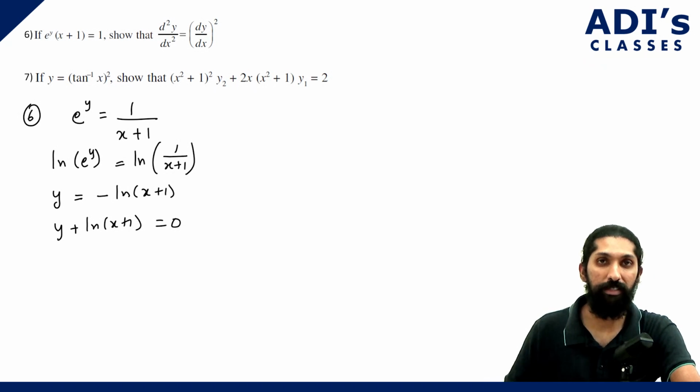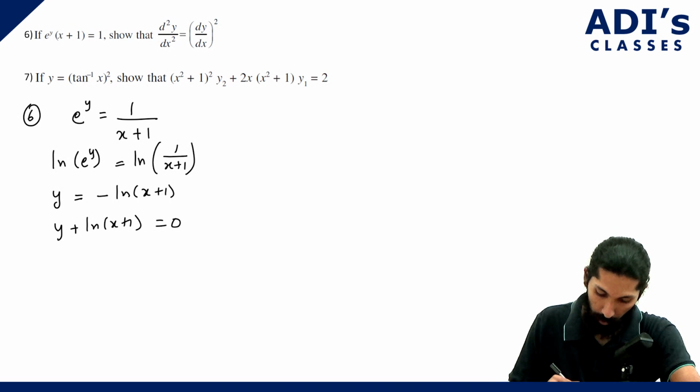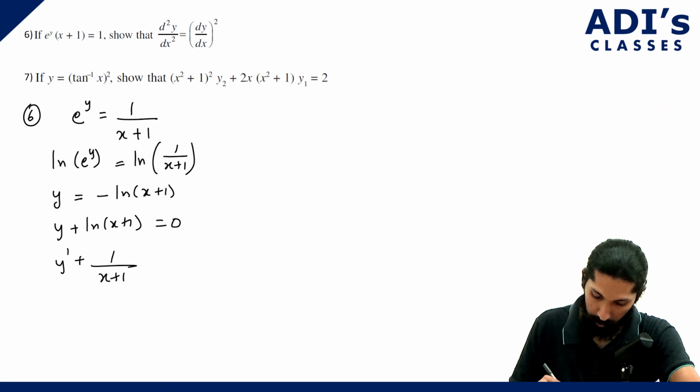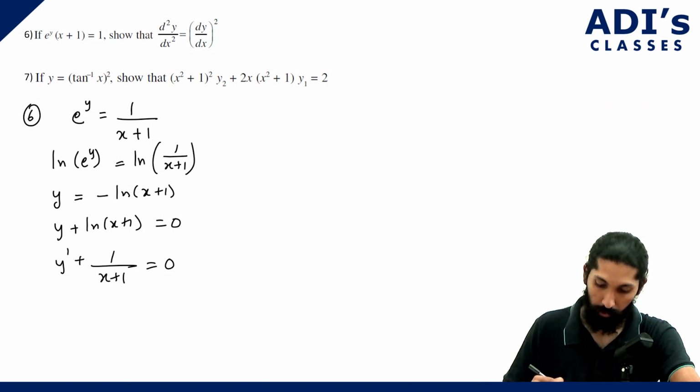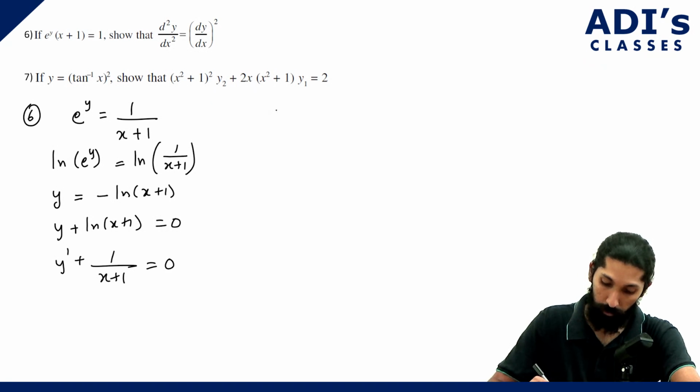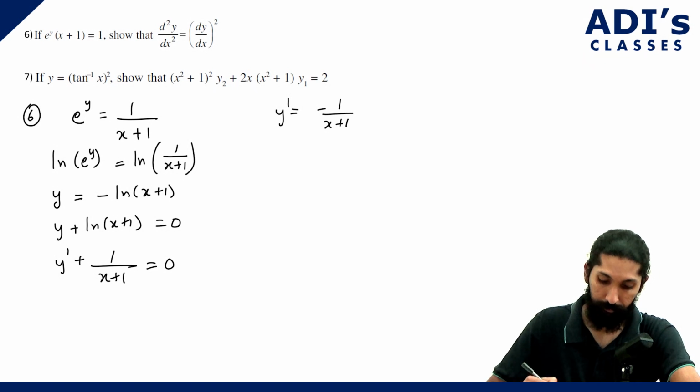Now do it, it's easier. Okay. Y dash plus 1 by x plus 1 is equal to 0, or y dash is equal to minus 1 by x plus 1. Correct? Again differentiate.